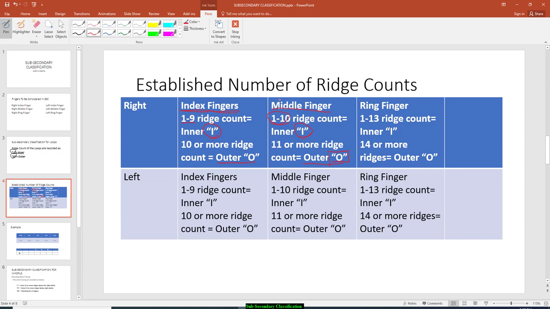The last one, the ring finger, whether it is left or right hand, 1 to 13 ridges will be capital letter I. 14 or more ridges will be capital letter O. So do not ever forget that one. These are the brackets for each finger that is used for subsecondary classification, particularly for loops.